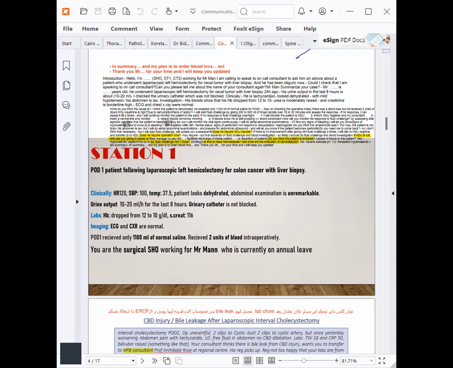Yes. Okay, what else will you do for the abdomen? I don't know. Will you do an ultrasound for him or not? Yes. Okay.